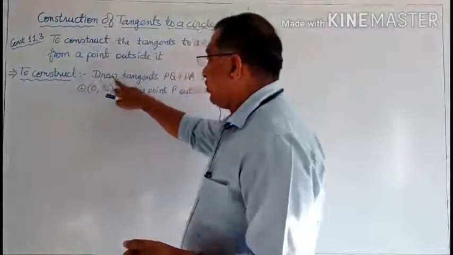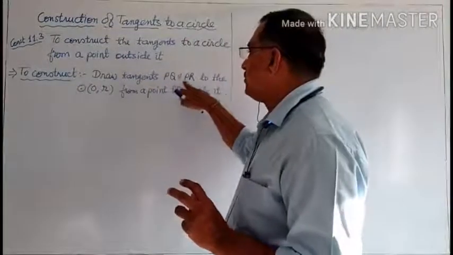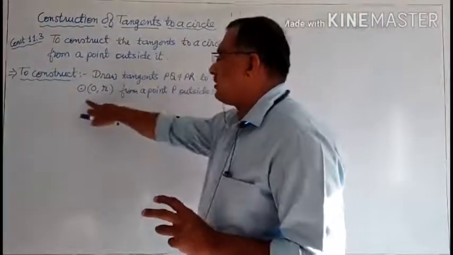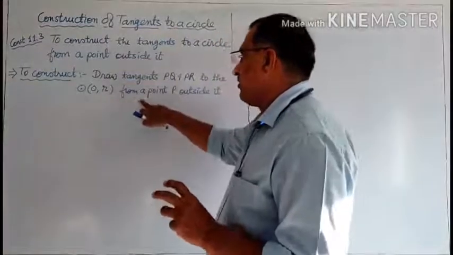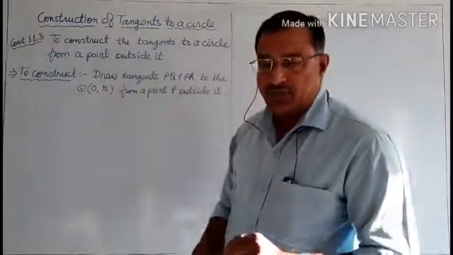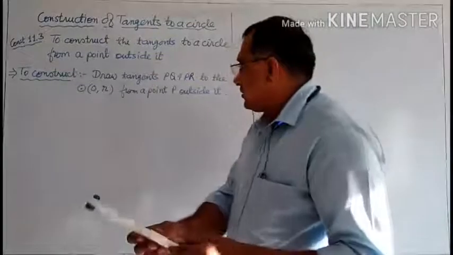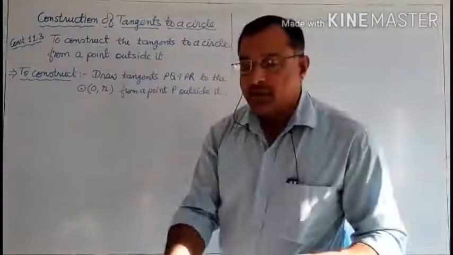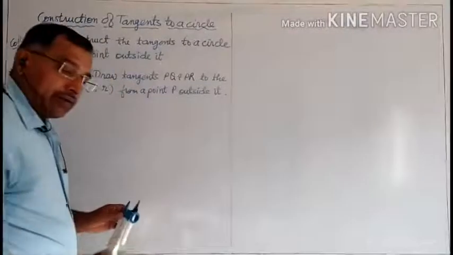What we need to do is draw tangents PQ and PR to the circle with center O and radius R from a point P outside it. So let us have the circle with center O and the radius R.